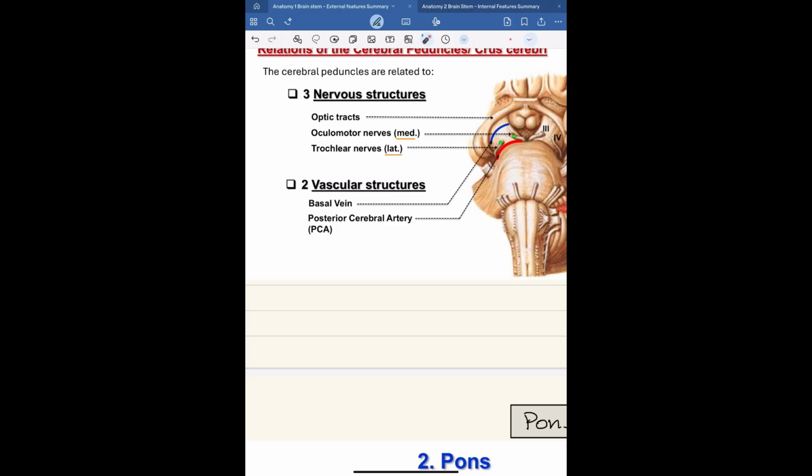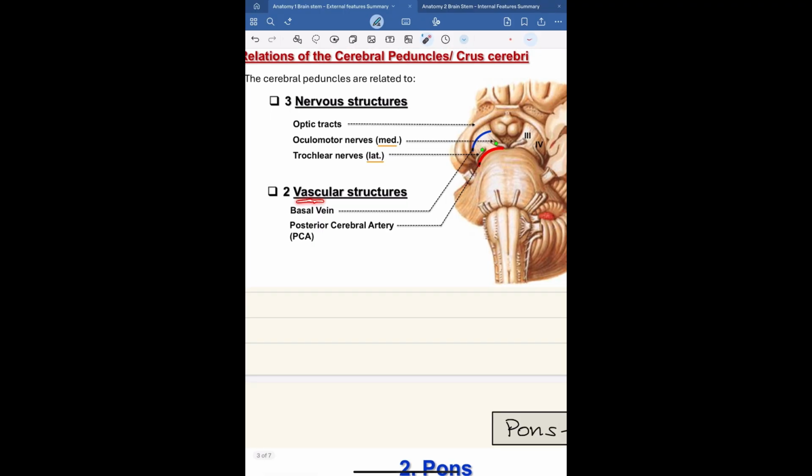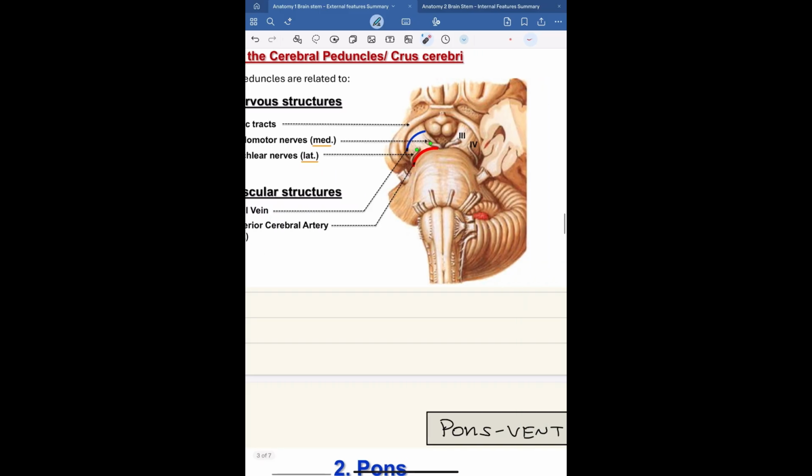Okay, let's go through the vascular structures. You got two important things. The posterior cerebral artery, which has a very important clinical relevance, and you have the basal vein. Here it is. This is the posterior cerebral artery and the basal vein.